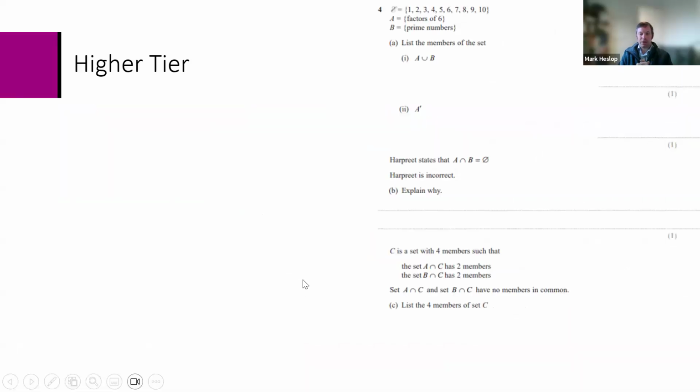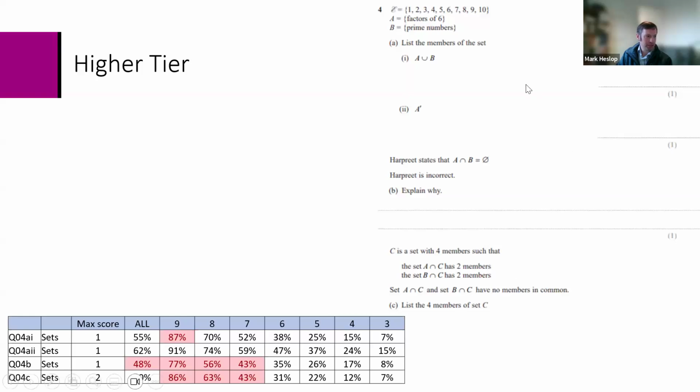Okay, set theory. So we're talking unit 1 here. I'll show you some of the statistics. It's quite interesting how students actually fall down on some of this notation. You can see here, B is one of the ones that fall down, and I'm going to come to that. Where students actually struggle is interpreting these.